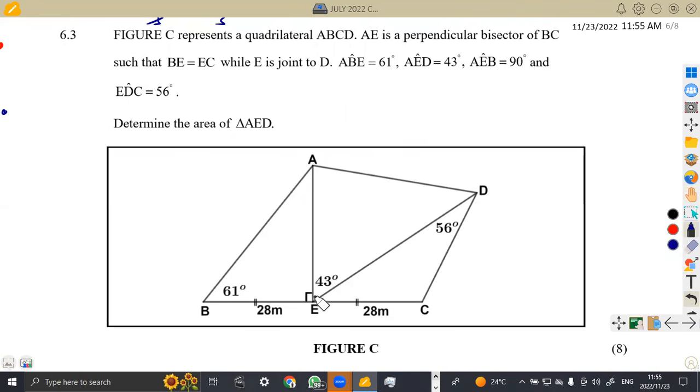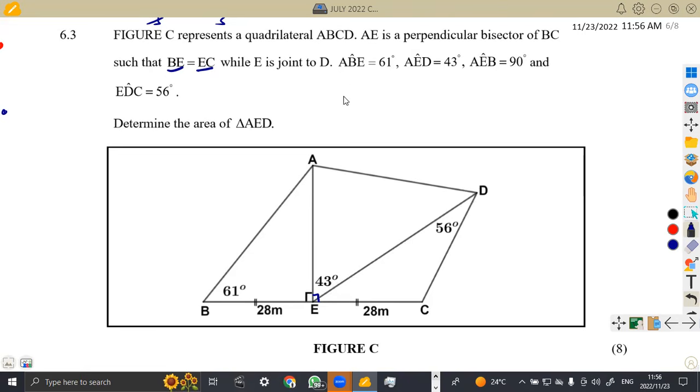Remember, to bisect is to divide into two equal parts. So we've got 90 degrees divided into two equal parts. As you can see, we've got 28 meters from BE to EC, while E is joined to D. So E that we see here is joined to D, that's line ED.